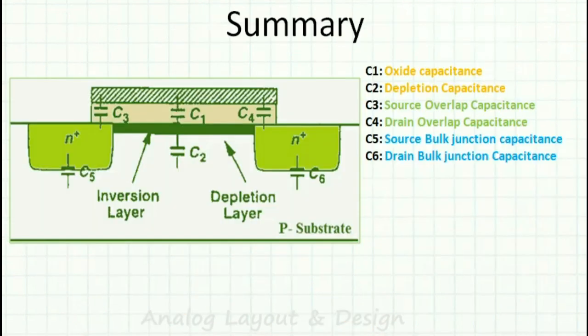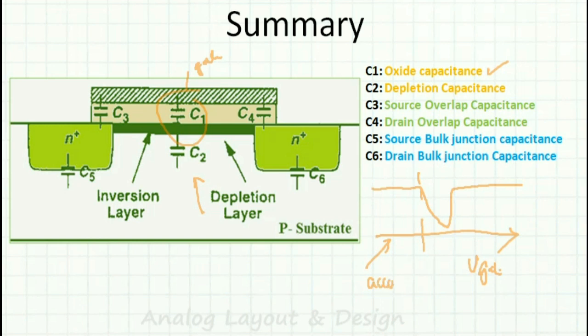Okay, we'll try to summarize the different capacitances that we discussed. First one is the oxide capacitance, which we discussed. So that's between the gate and the substrate. So we have three different regions in this one. In this oxide capacitance, we saw the variation like this. Based on the V gate, if it is negative, it is like an accumulation, and if it is positive, then it is inversion.